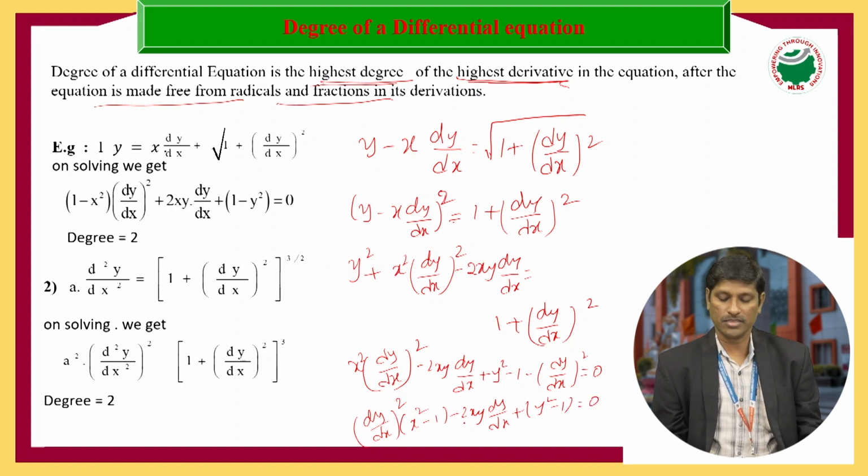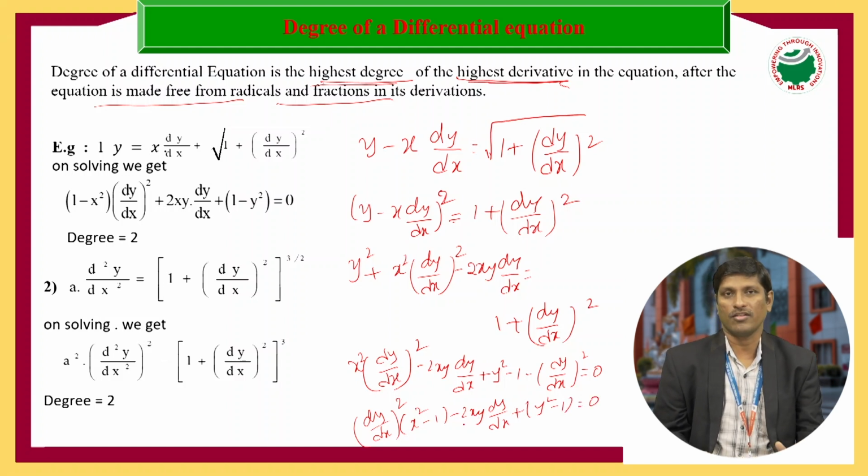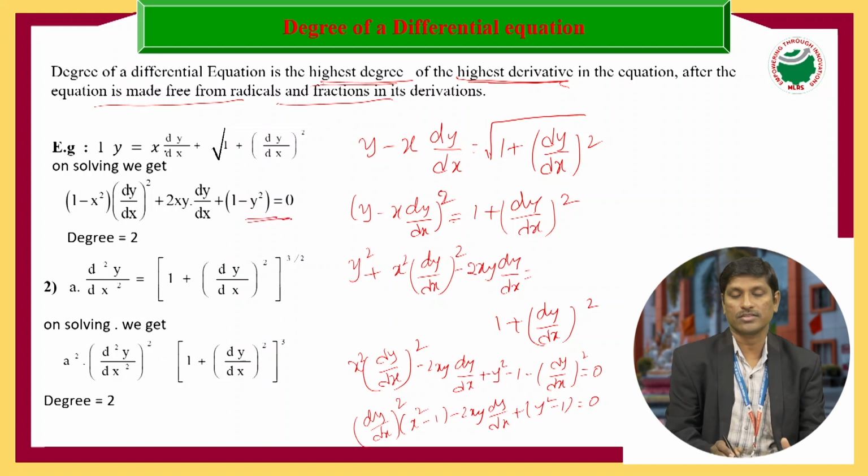If you take minus as common, here 1 minus x square (dy by dx) whole square, and minus becomes plus 2xy dy by dx, and here 1 minus y square, if you take minus as common.